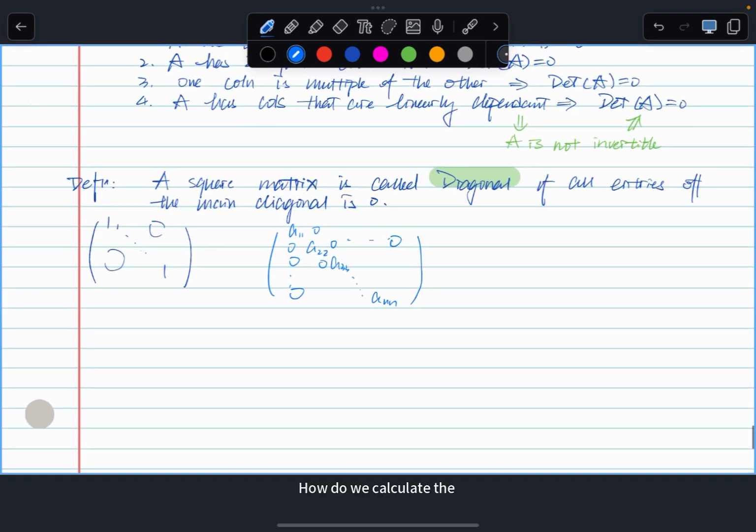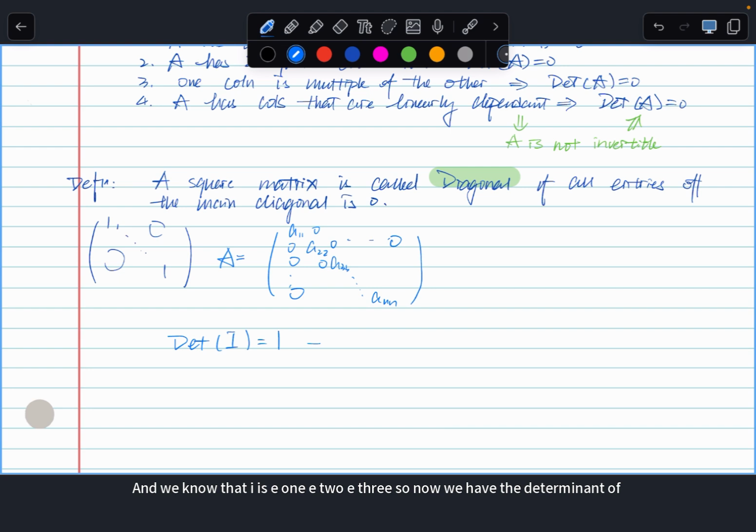And then we can see how to calculate the determinant. Let's say this is A. We know that the determinant of I is 1, and that I is E1, E2, E3. Now let's say the first column is A1, the second column is A2, and all the way to AN.